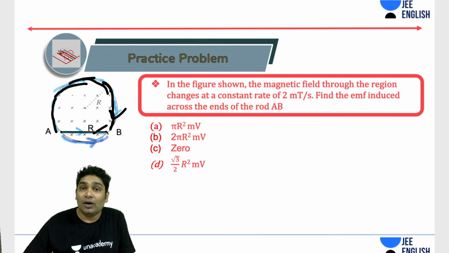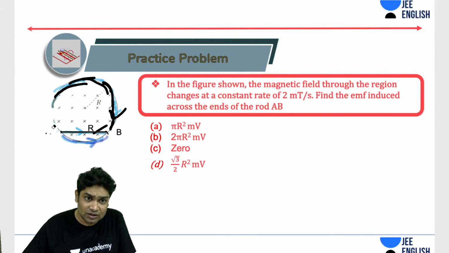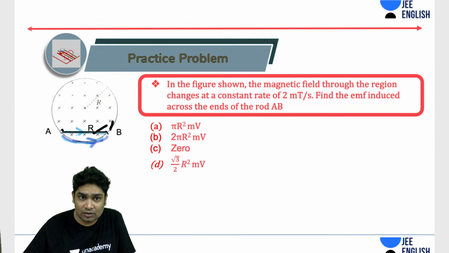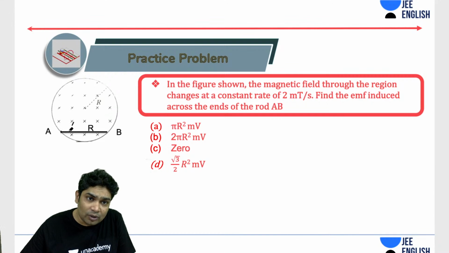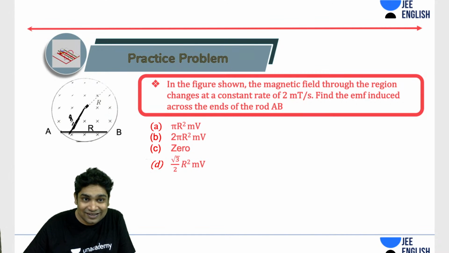Let's see. One way of calculating this would have been that you considered a point here, at a distance of small r, and spread in a thickness of some dx.